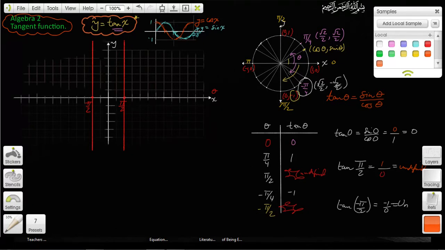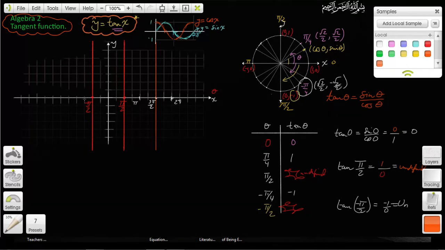You're going to have it at pi over 2, and then again at 3 pi over 2. So let's say this is pi over 2, and this is pi, and this happens again over here, which is 3 pi over 2 right there. So this is 1.5 pi, and then this is 2 pi right here. So again, over here, you're going to have another asymptote, like that.